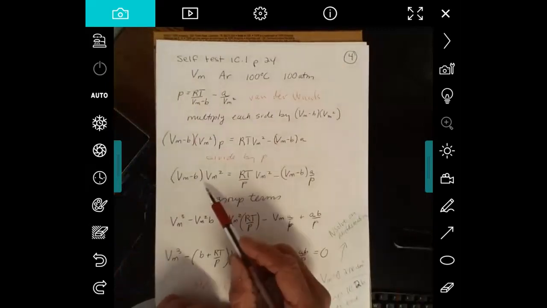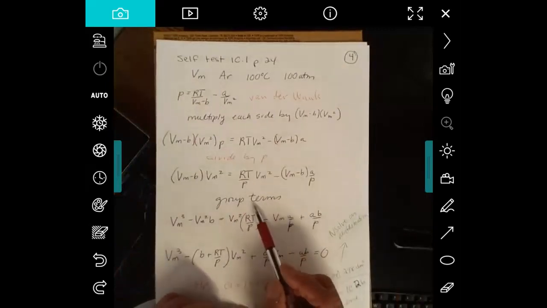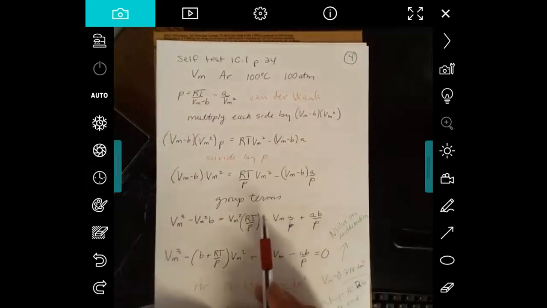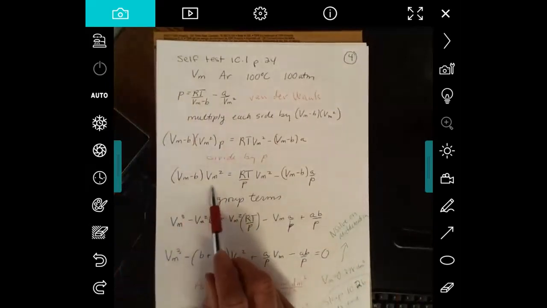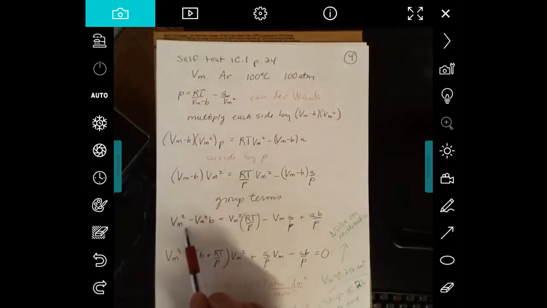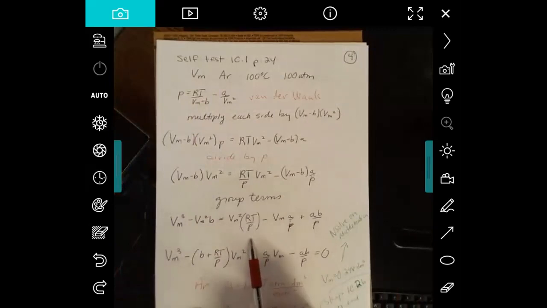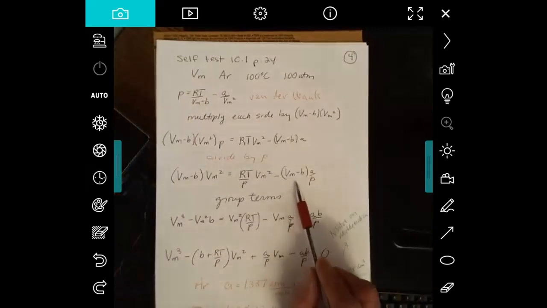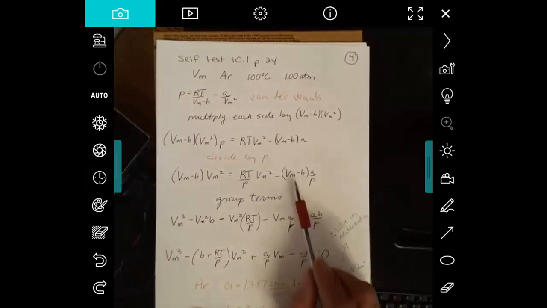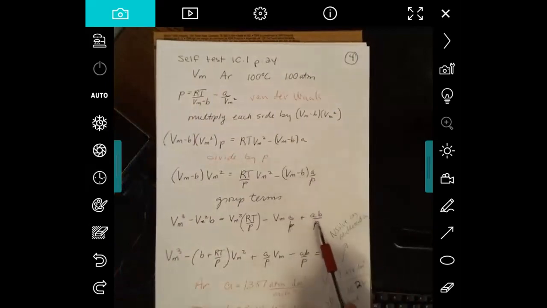So I'm going to divide by P first, and then move all of my terms to the same side. So multiply through, where you end up then with Vm cubed and Vm squared B. And on this side, multiplying through here, you get the same thing, Vm over AP term, and then a B times A over P term.